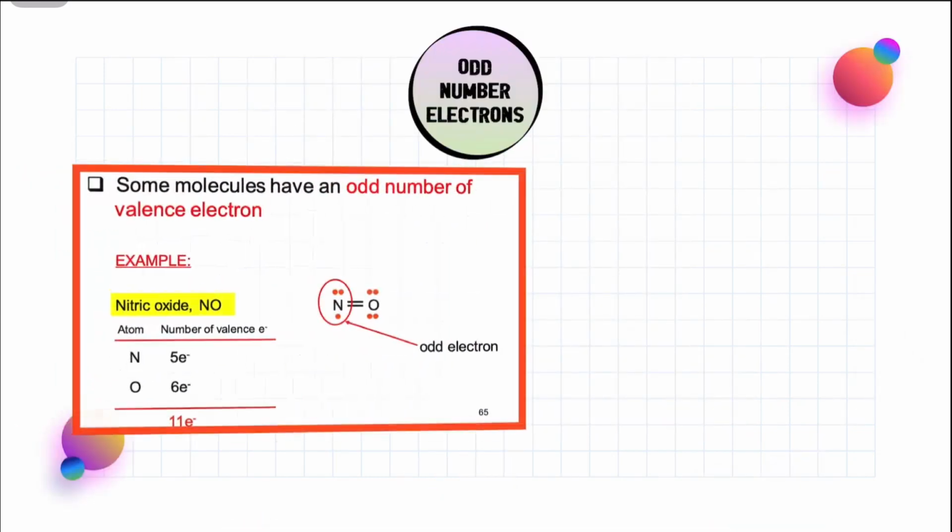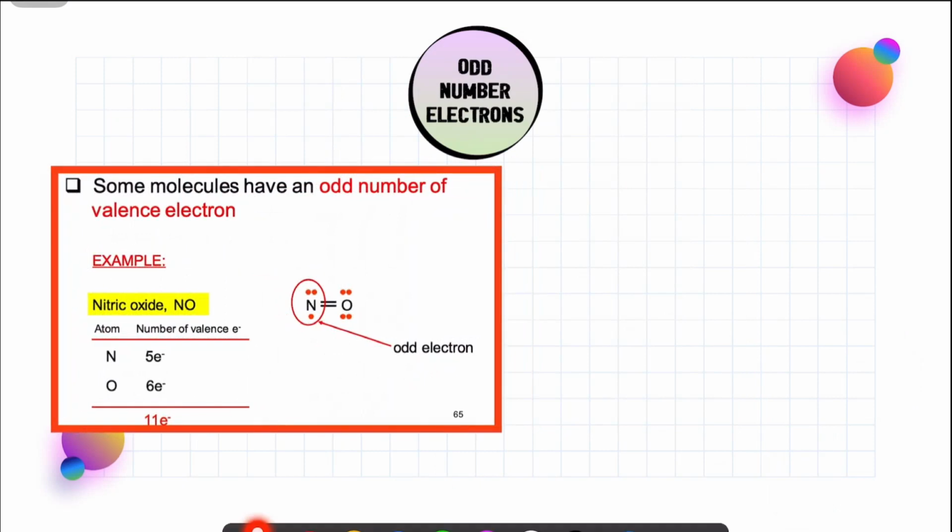Odd number of electrons. Some molecules have an odd number of valence electrons. This is the example, nitric oxide. When you calculate, the total valence electrons is 11.